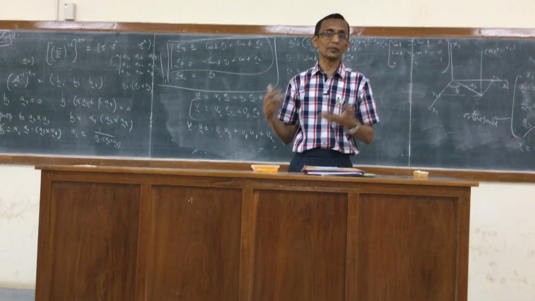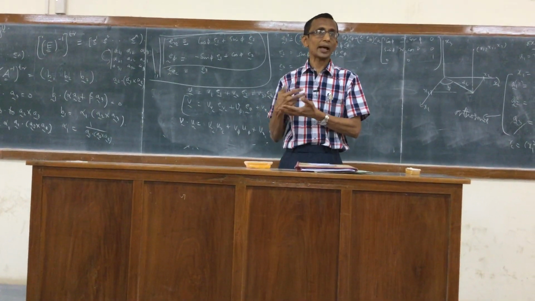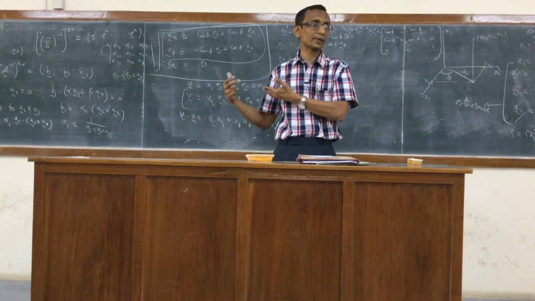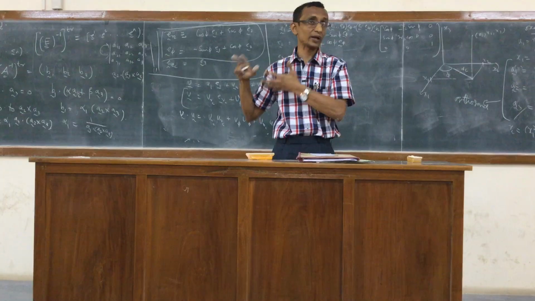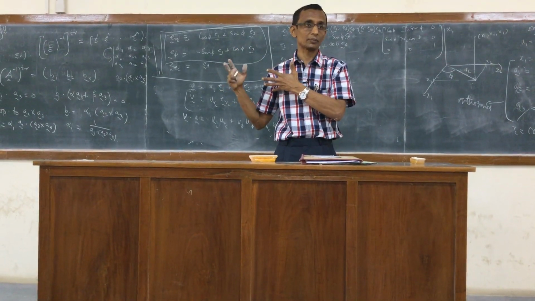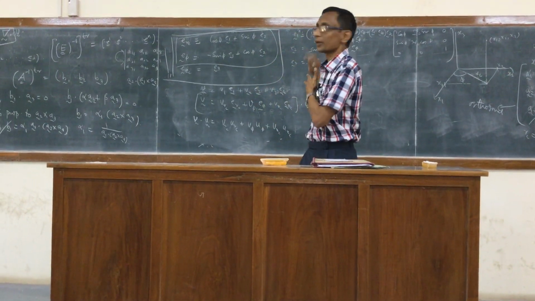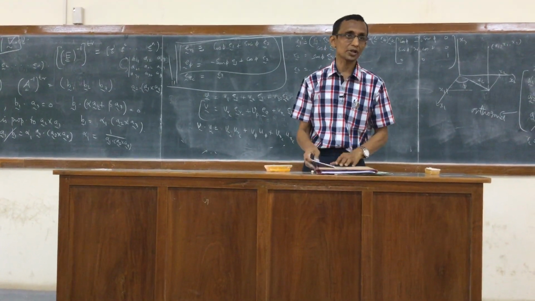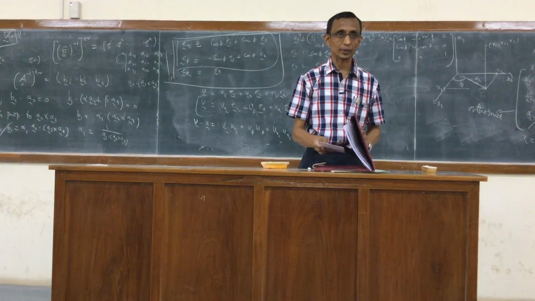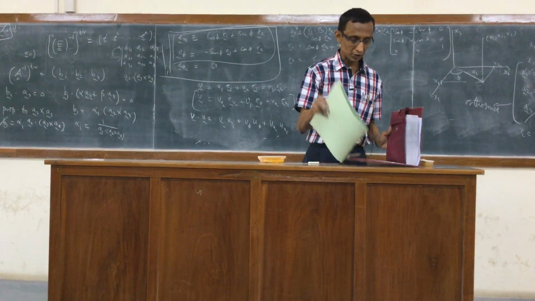So don't expect me to give it as a separate assignment. As and when we do an operation for the cylindrical coordinate system, you should go back and do it for the spherical, where there will be more complication, right? Because here only phi is the variable that appears in the basis vectors, there will be an additional variable theta that would appear, that would make the operation more difficult.